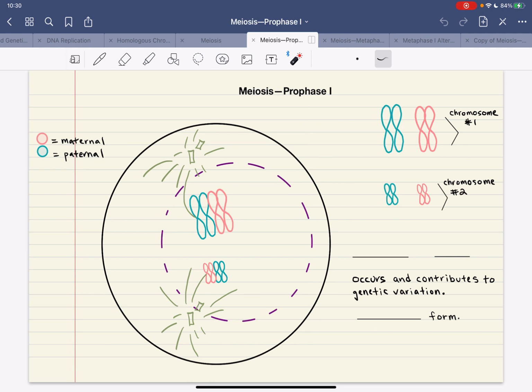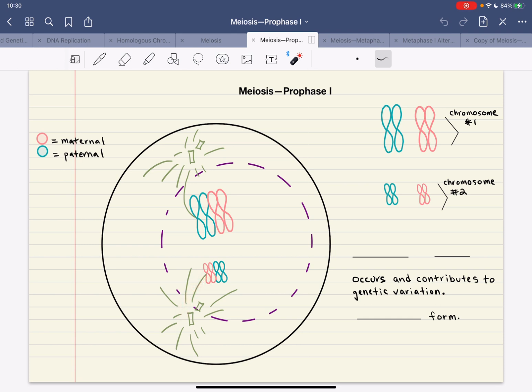So here's prophase 1. Just like prophase of mitosis, the nuclear envelope breaks down. We start to build our mitotic spindle, and we start to grab and attach to chromosomes.